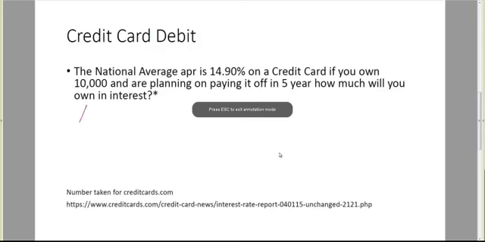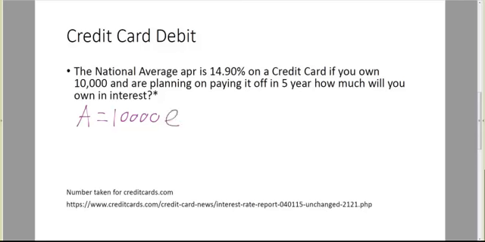So what we'll have is A equals 10,000 times e, remember that is a number, our rate, we're going to divide by 100, giving us 14.9. I don't need to write the extra 0 there, it's just extra. And t is 5 years. And so if we plug it into our calculator, we'll see that we are paying $21,064.